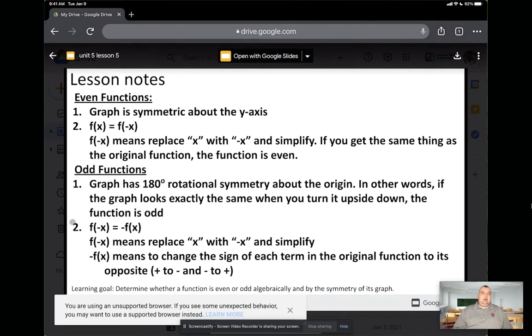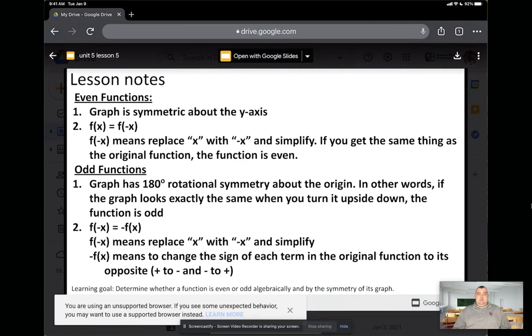Okay, so when we look at a graph, we'll look at the symmetry of the graph. When we're proving it algebraically, we'll first check whether it's even or not using what I talk about up here. And if it turns out it's even, then we're done. If it's not even, then we'll check whether it's odd or not.